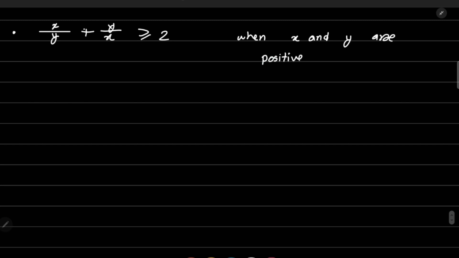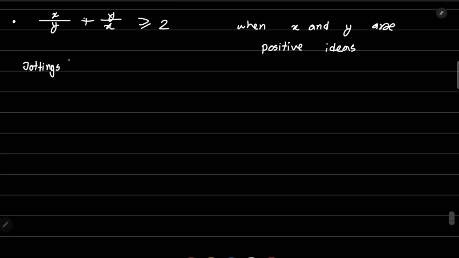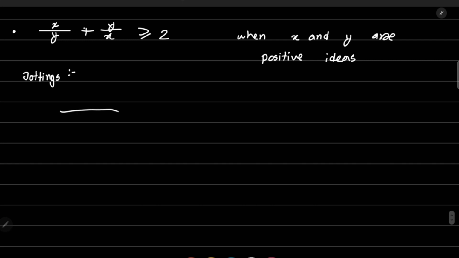For cases like this, I have no idea where to start. So for this, I use some jottings or rough work and go from here to something I can make a statement about. So if I go over here, I can take a common denominator of xy.